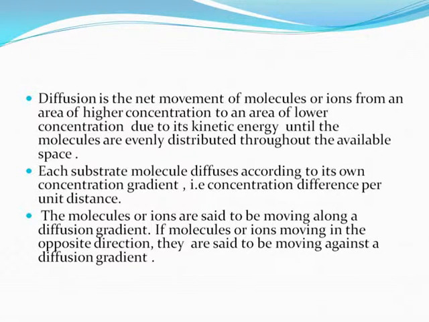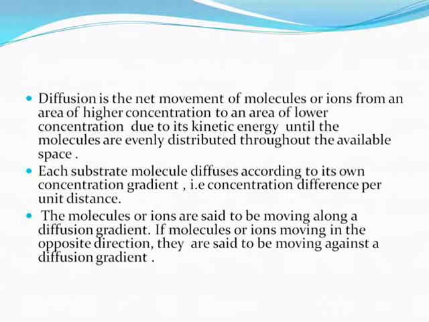Diffusion is the net movement of molecules or ions from an area of higher concentration to an area of lower concentration due to their kinetic energy until the molecules are evenly distributed throughout the available space.